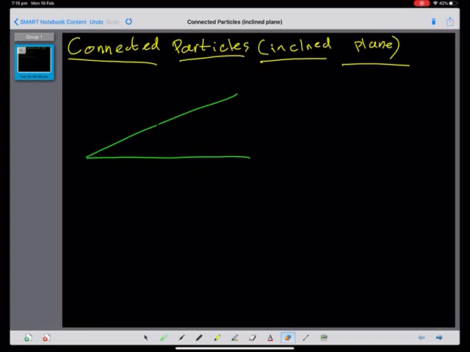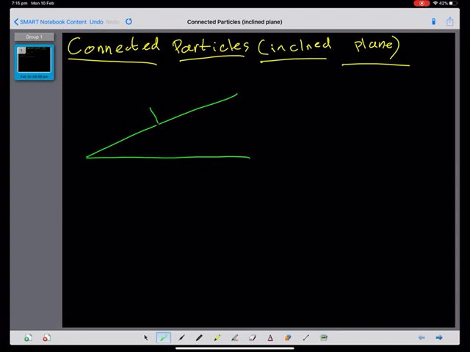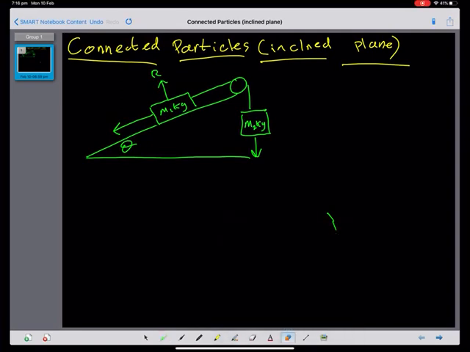We've got our mass m1 kilograms connected to our pulley, and we've got this m2 kilograms. We've got a theta, and we've got our reaction up there. We've got the weight acting down.